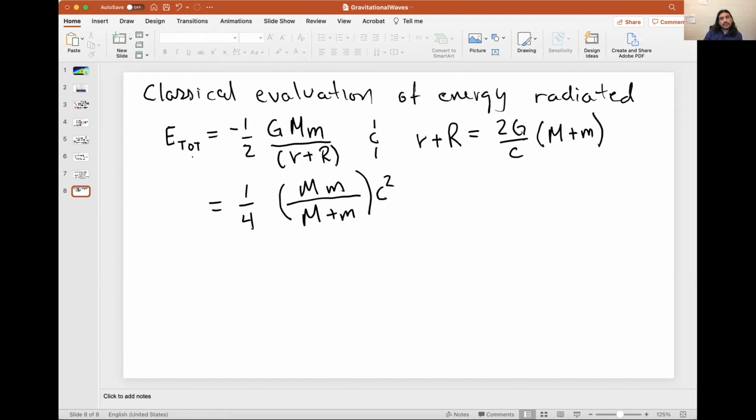So we're talking about energy radiated, right? So this is the total energy once they got to this distance r plus little r. So for the purpose of the estimate that we're doing, this is the energy radiated by the two orbiting black holes. So we assume that the final separation is this. This is the final energy, right? The potential energy of the system.